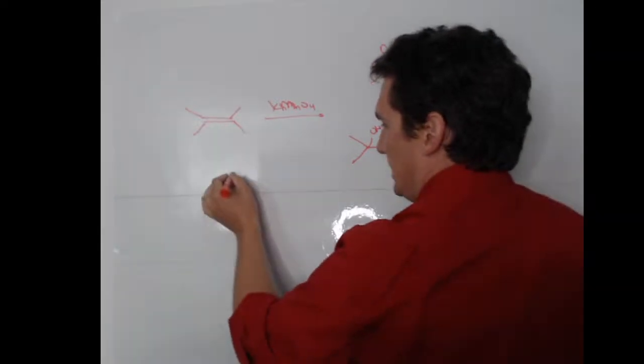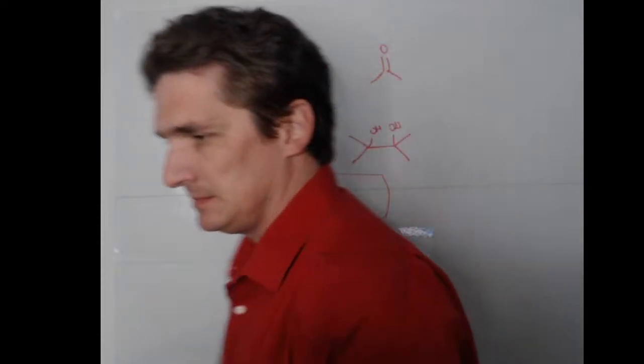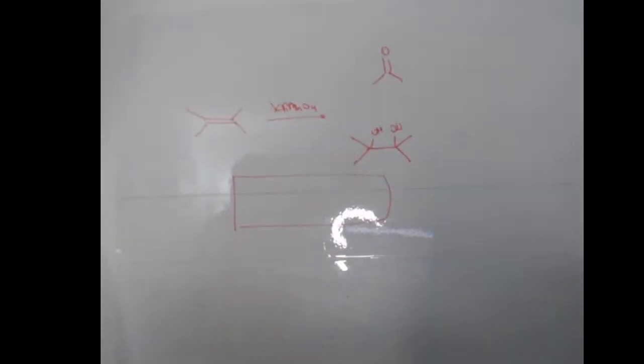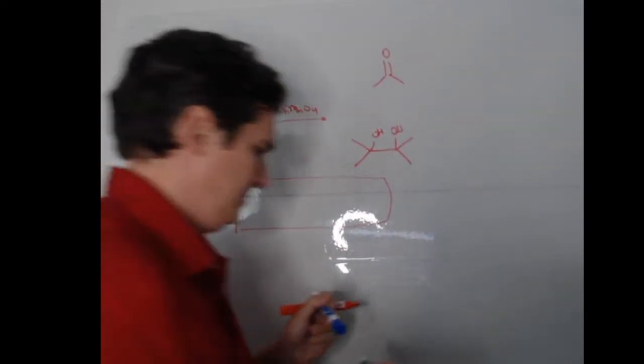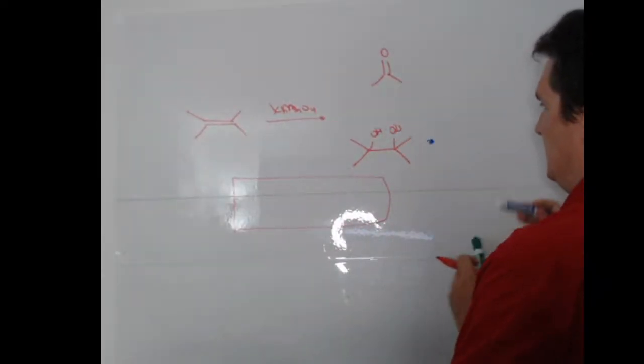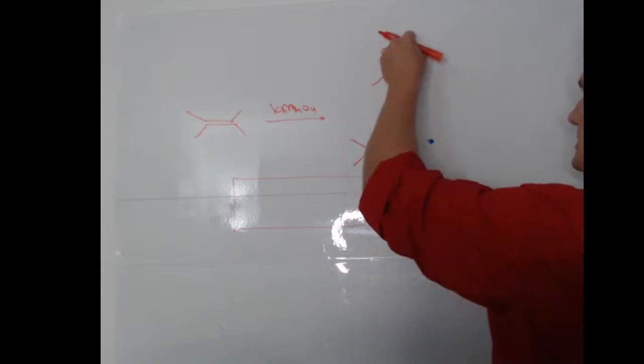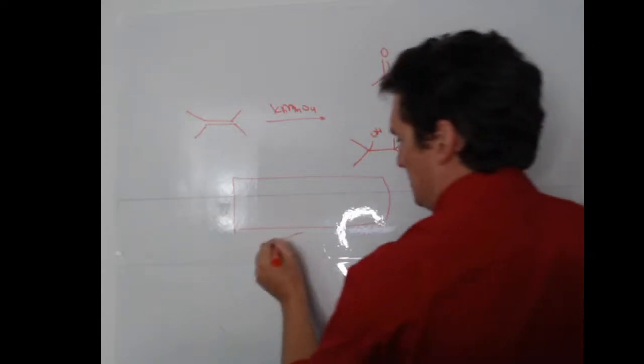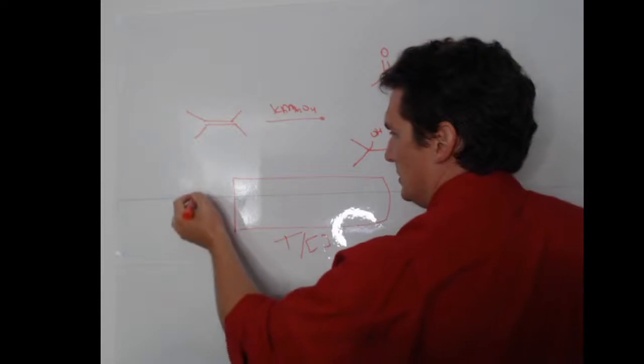But if we were to draw, we'll say this is blue and this is red, and we were to look at temperature or concentration, and we look at percent of the mixture.